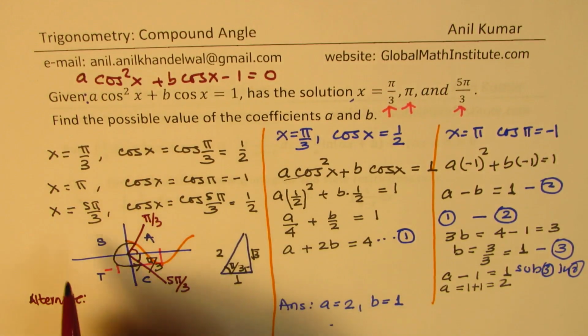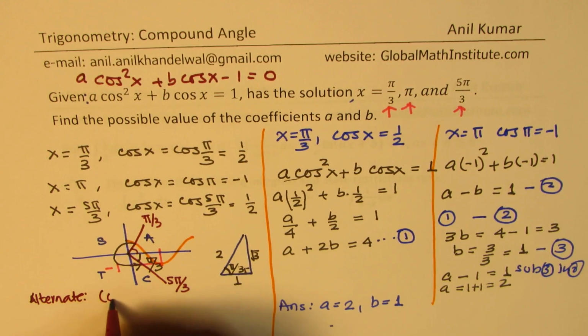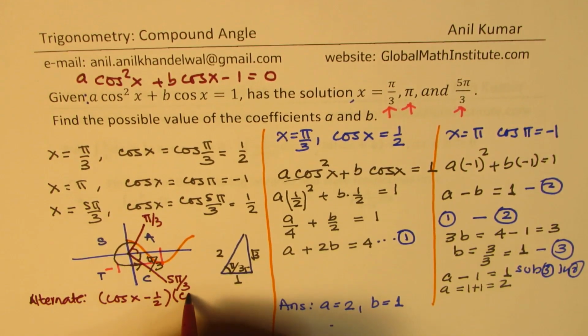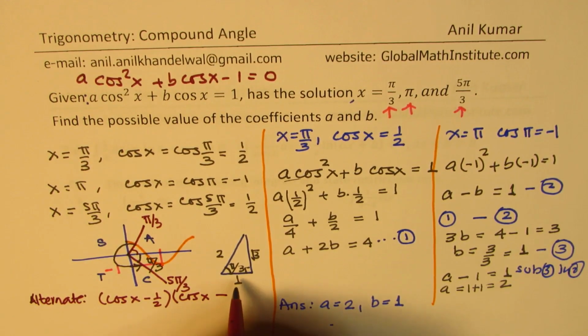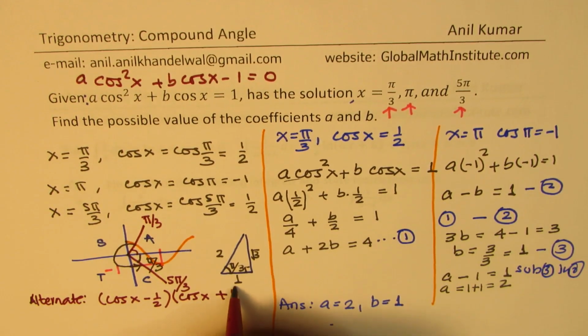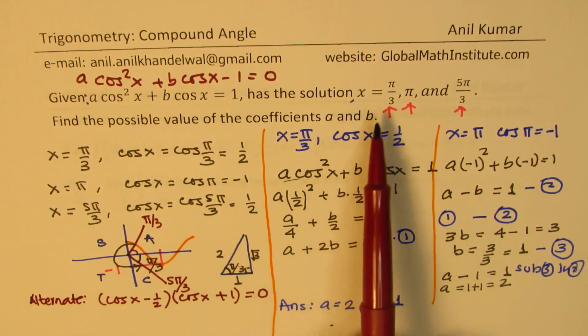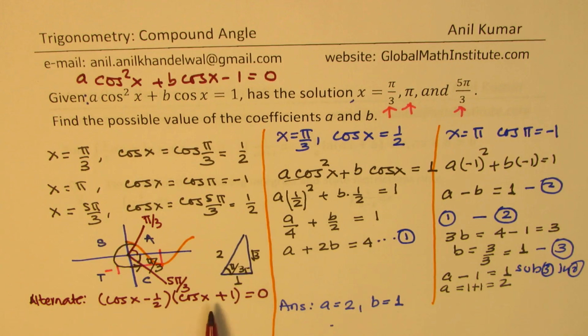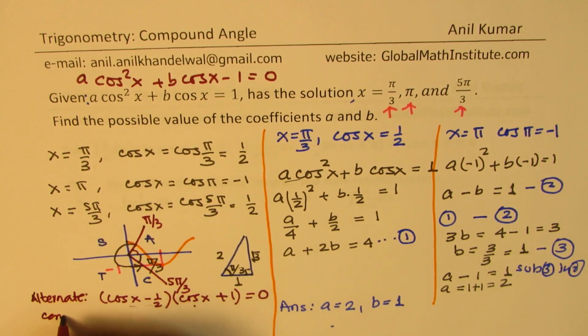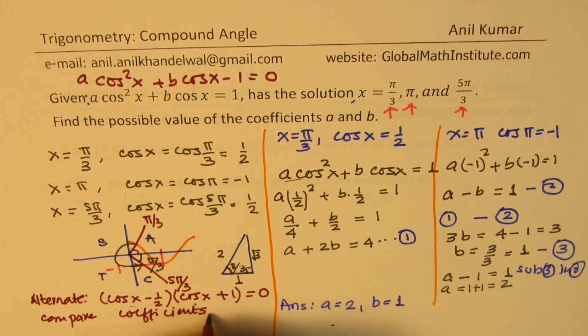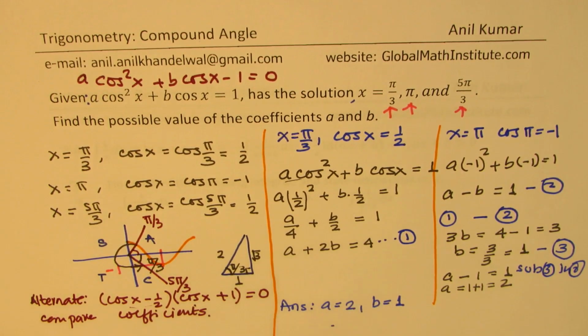Since that is the solution, we could write this equation as cos of x minus half times cos of x minus 1, that makes it plus 1, is equal to 0. Since those are the two solutions, you could expand this equation and then compare coefficients.